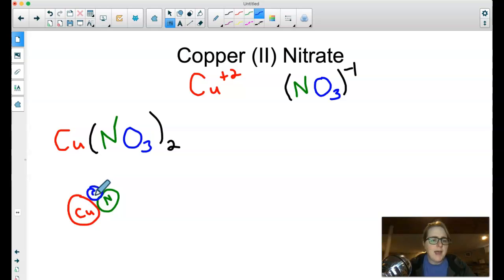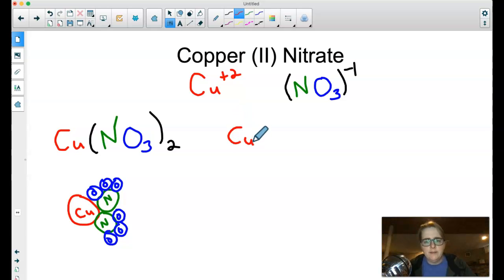So if you have a mole of copper nitrate, that mole of copper nitrate is made up of 1 mole of copper and 2 moles of nitrate. I can also think of it as being made up of 1 mole of copper, 2 moles of nitrogen, and 6 moles of oxygen. And that way of thinking is going to be really important for molar mass.